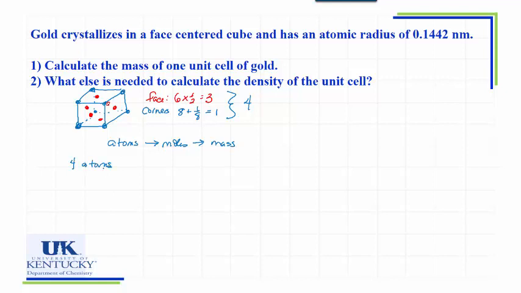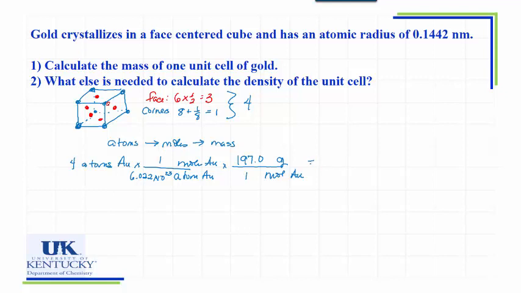Get in the habit of not just writing atoms, but atoms of what? Gold. Then we can go from atoms to moles. And each mole is 6.022 times 10 to the 23rd atoms. And then we can go from moles to grams, and the molar mass of gold is 197 grams in a mole.